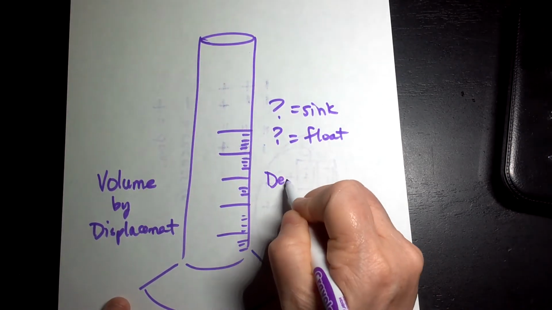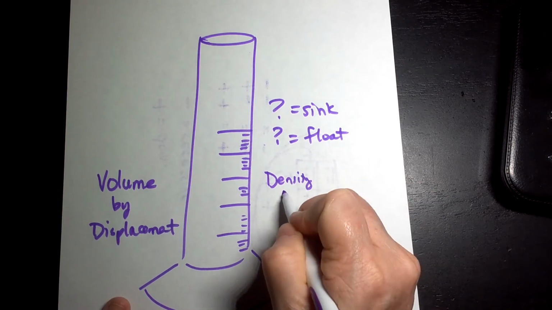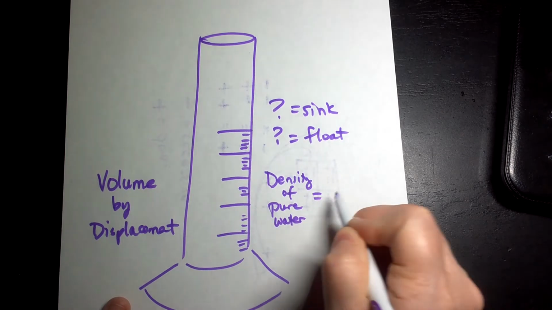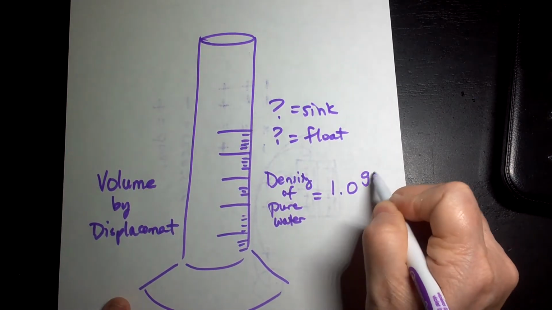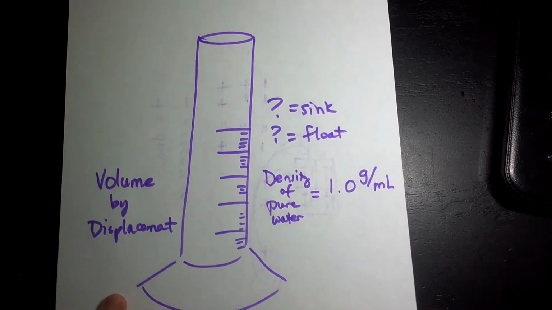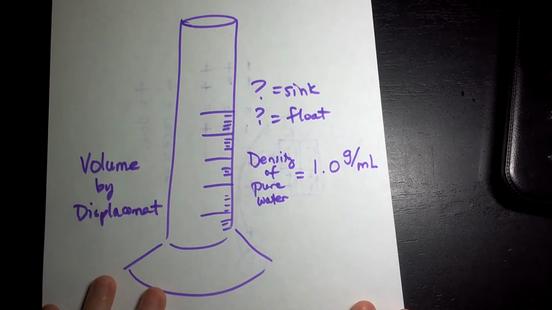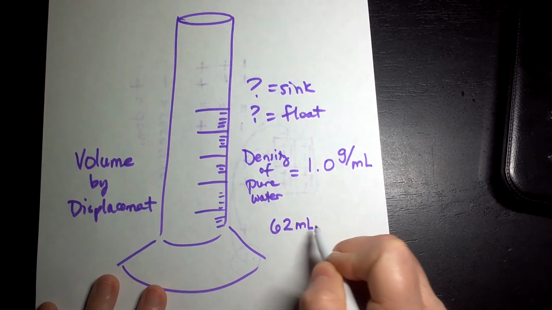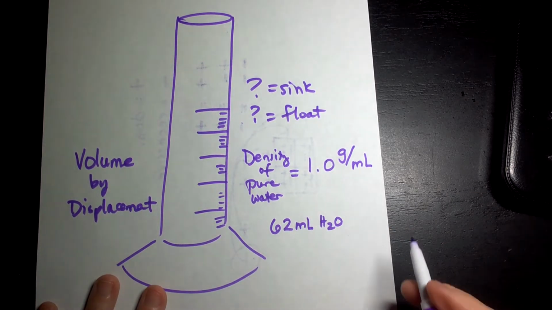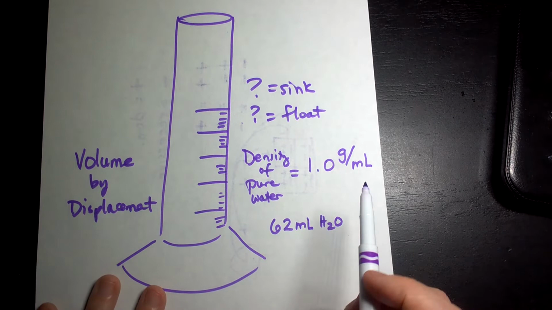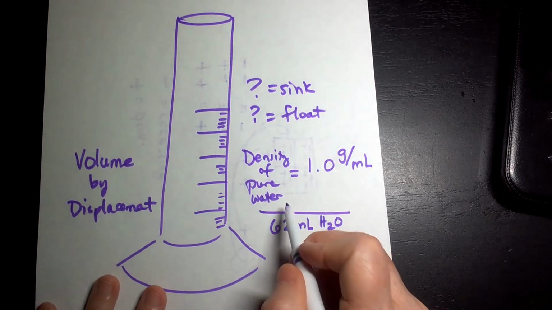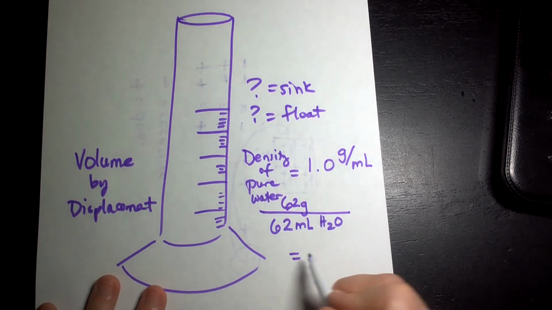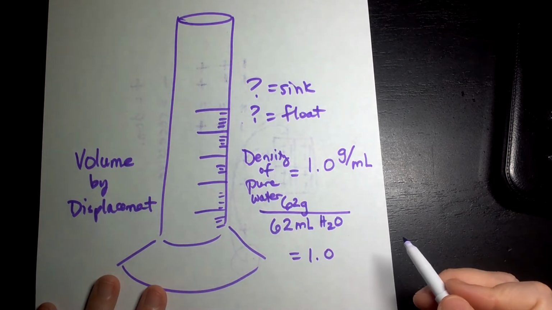The density of pure water is 1.0 gram per milliliter. So what that actually means is really cool. If I had 62 milliliters of water, then I know that its mass is also going to be 62 grams, because its density is always equal to 1.0.